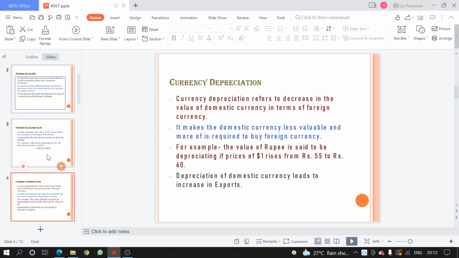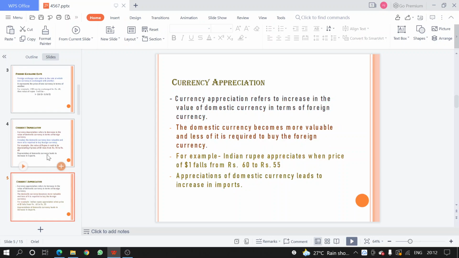It means $1 equals 55 rupees earlier, and now, with depreciation, $1 equals 60 rupees. It means our Indian rupee is depreciating by 5 rupees. It makes the domestic currency less valuable, and more of it is required to buy foreign currency. Depreciation of domestic currency leads to an increase in exports.